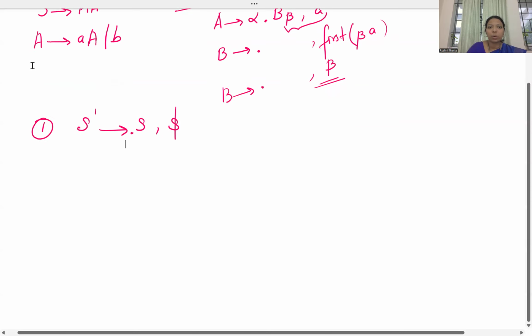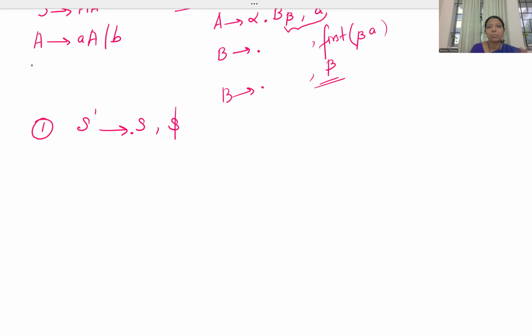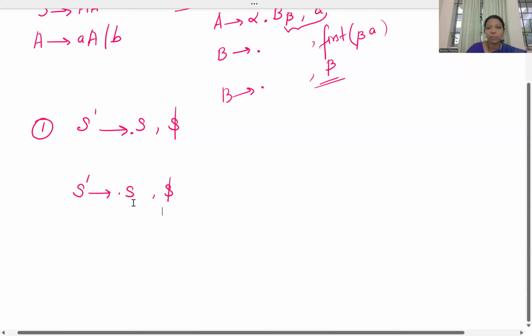Now let us find all the canonical items of it. The canonical item set always starts with the augmented production S dash derives dot S, and then you have to attach a lookahead. In the beginning, we start with the dollar. Now you can see after the dot there is capital S, that is a non-terminal. So you have to write the closure of it.